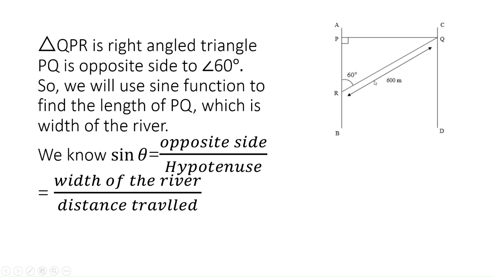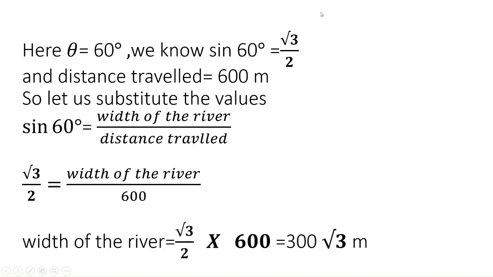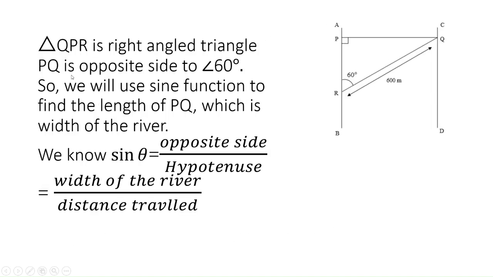This is nothing but the angle made by the boat while traveling at R. So in triangle QPR, P is 90 degrees because we are considering the perpendicular distance. Here PQ is the opposite side to angle 60 degrees. We are talking with respect to the acute angle 60 degrees. So we will use the sine function to find the length of PQ. We need to find out this only, PQ, which is the perpendicular distance between the two banks of the river.